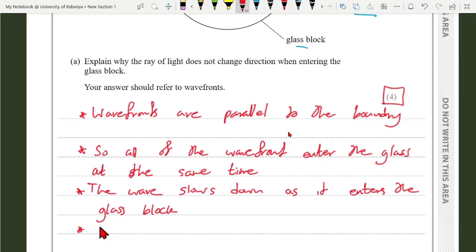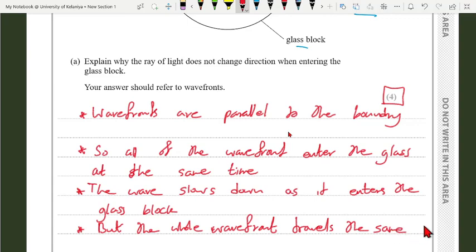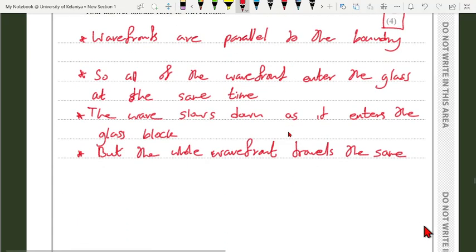I'm going to write that: the whole wavefront travels the same distance in the same time.